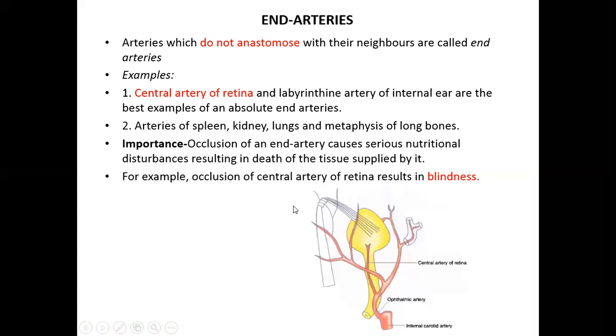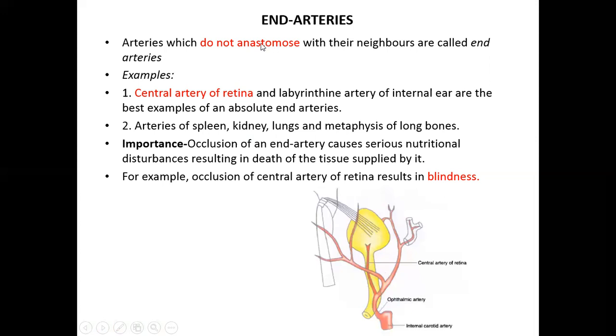So the importance is that if these arteries are blocked, it can lead to serious nutritional disturbances to the part which it supplies, and it can cause necrosis, the death, infarction. For example, occlusion of the central artery which is supplying the retina results in blindness.